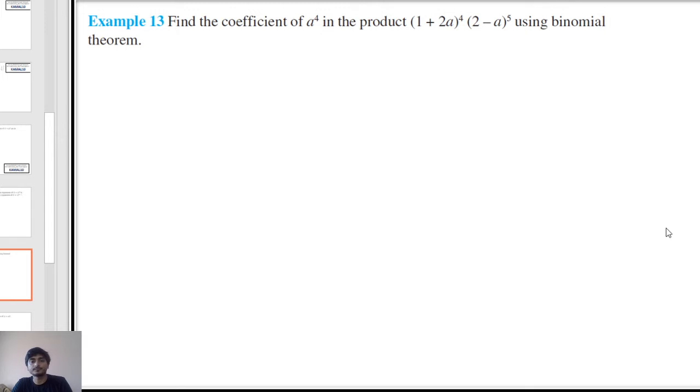Okay, so we'll see and solve this problem.